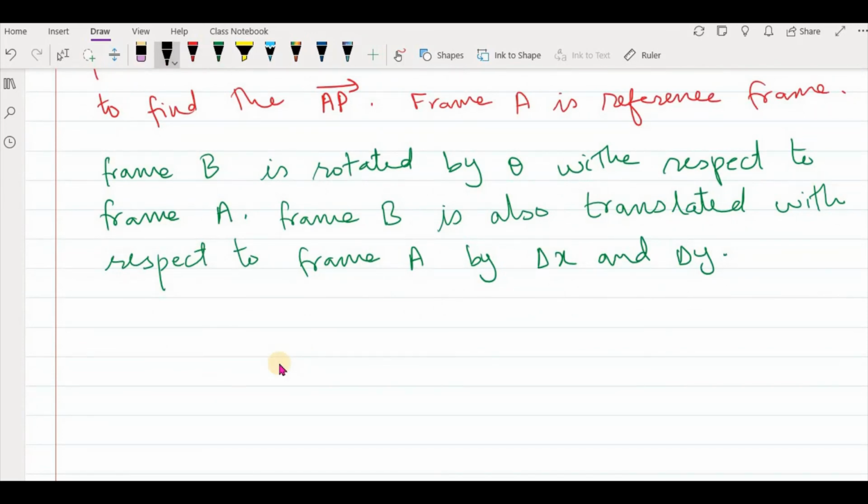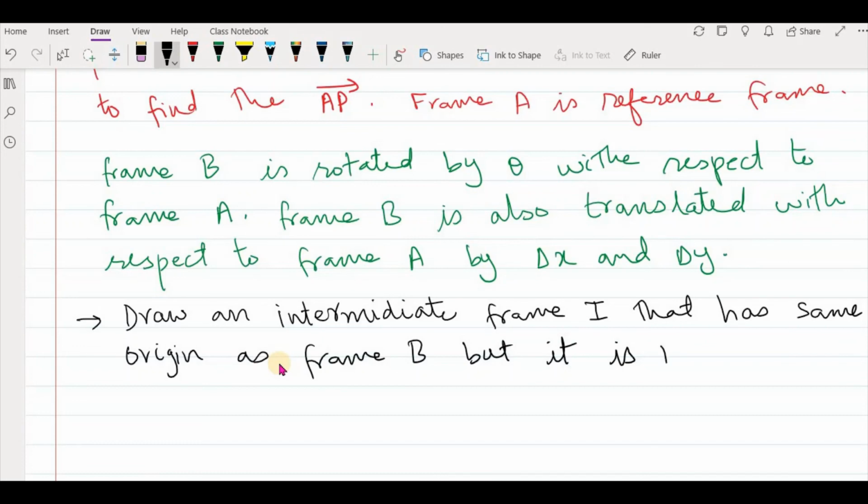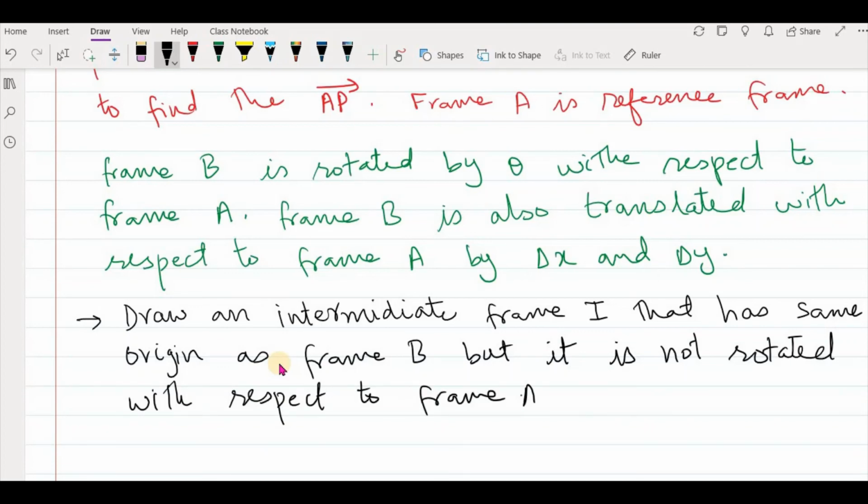So what we did in the next step: draw an intermediate frame I that has the same origin as frame B, but it is not rotated with respect to frame A. So that's what we did already here.